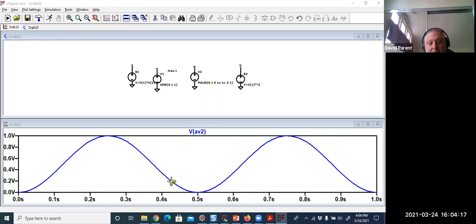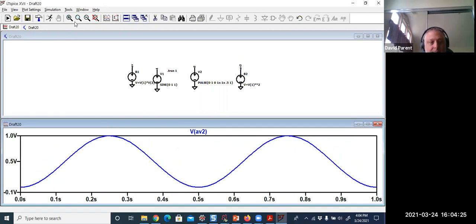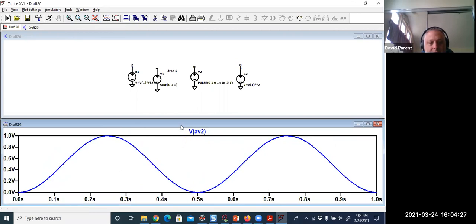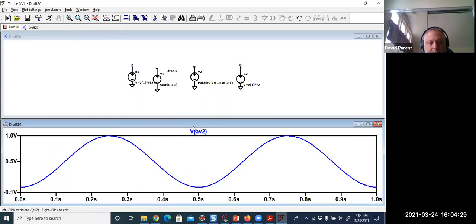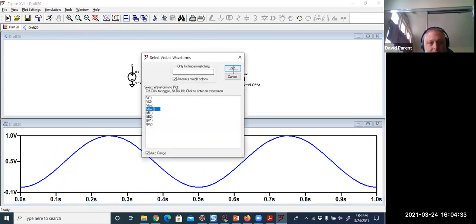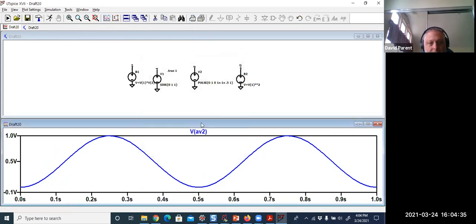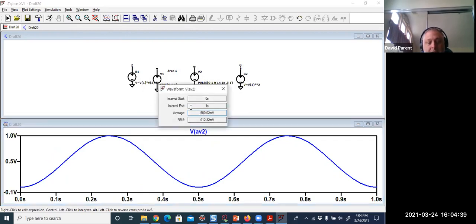And notice how the average would be non-zero. So now the average is a half, and the RMS is 0.612.